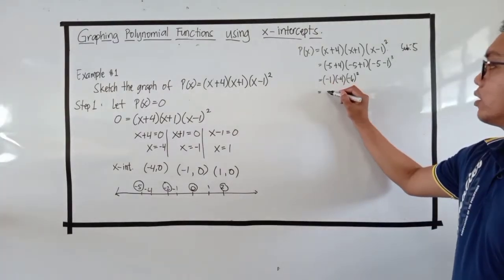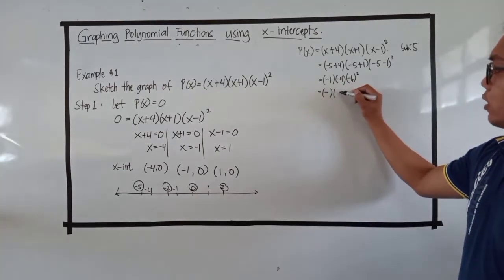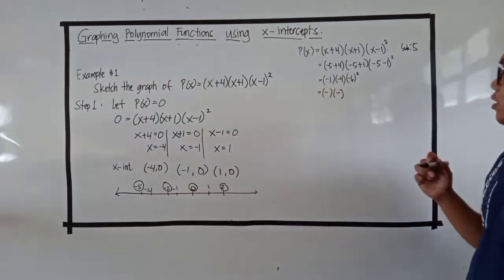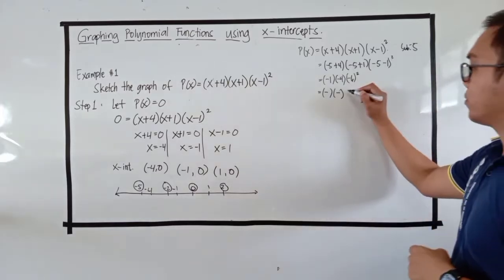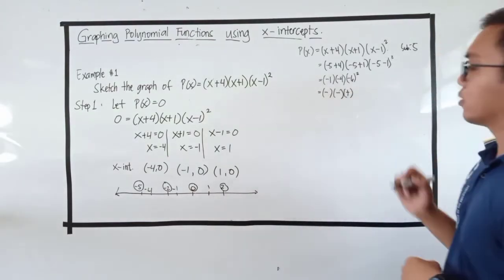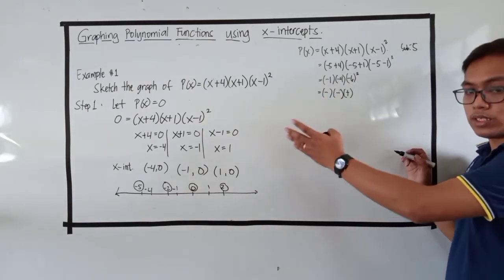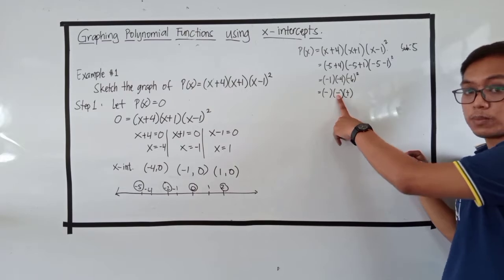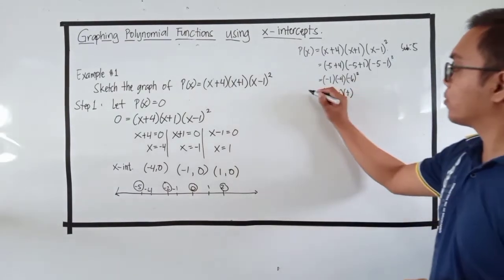Take a look at this. Negative 1 is negative. Negative 4 is negative. Negative 6 squared is positive. When we perform multiplication, we have negative times negative, that is positive, times another positive, that will be positive.